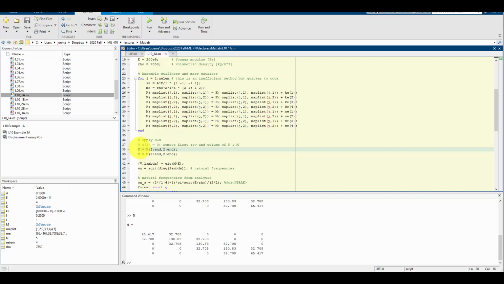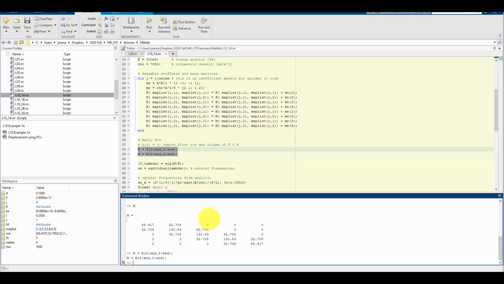This is what on paper I was calling M tilde or K tilde, just that reduced M. I don't need the original anymore, so I'm just going to overwrite it. If I run these lines, let's look at our M now. Notice it's 4 by 4, and K is 4 by 4. That first row and first column have been removed, and I'm left with just the second through last row and column.